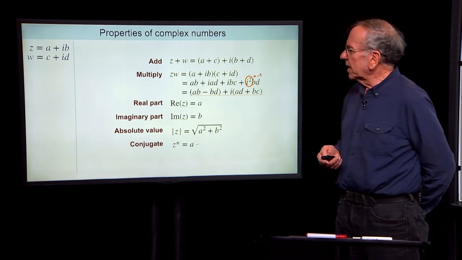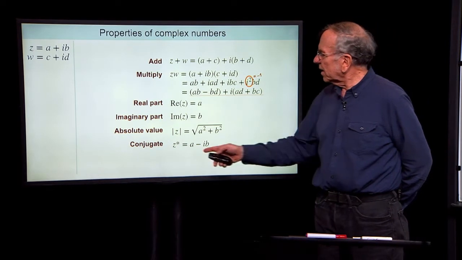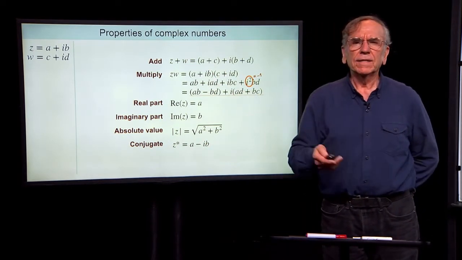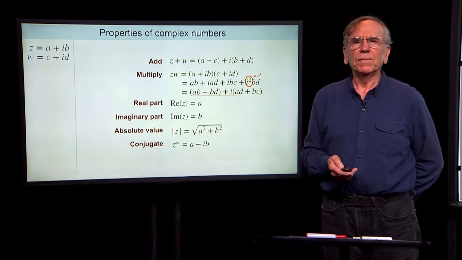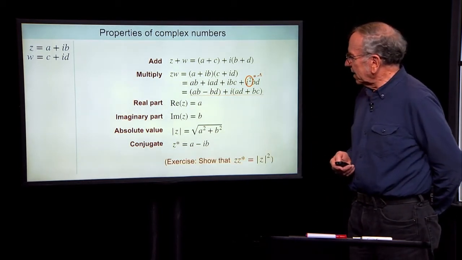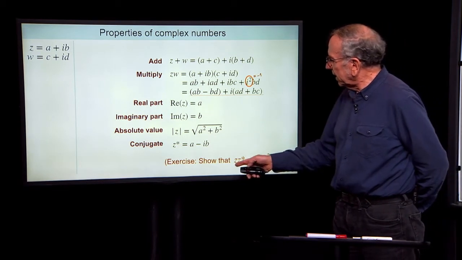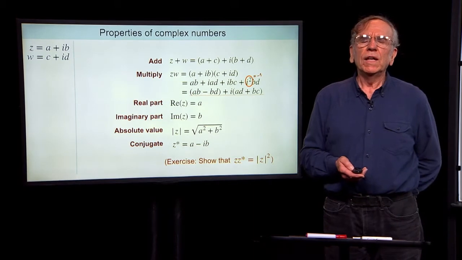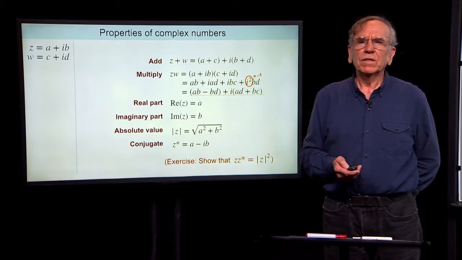And then there's this thing called the complex conjugate, which is exactly the same as the original number, but with the sign of the imaginary part flipped. And here's a little homework exercise. You can show that a number times its complex conjugate gives you the absolute value squared.